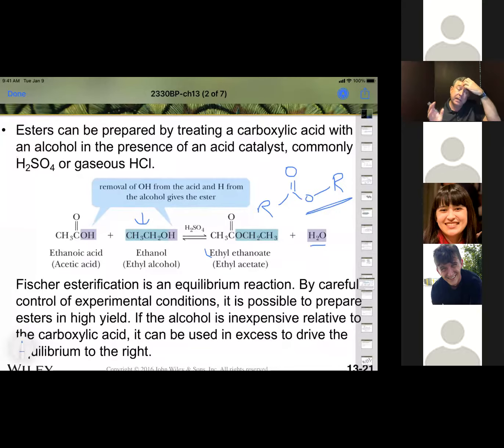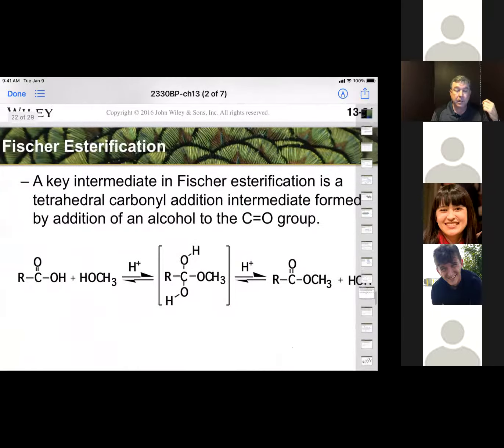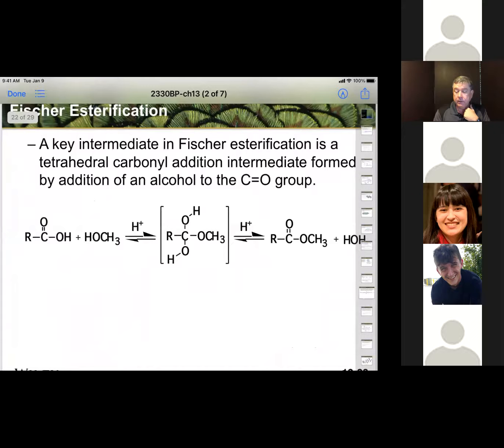Okay, so I said it's an equilibrium reaction. It's acid catalyzed. All right. So the first thing we do is we have to have attack by a nucleophile somewhere. So in this case here, we're using the alcohol, the lone pair on our alcohol as our nucleophile to kick this open, and the acid protonates the OH group. This is the key step here.